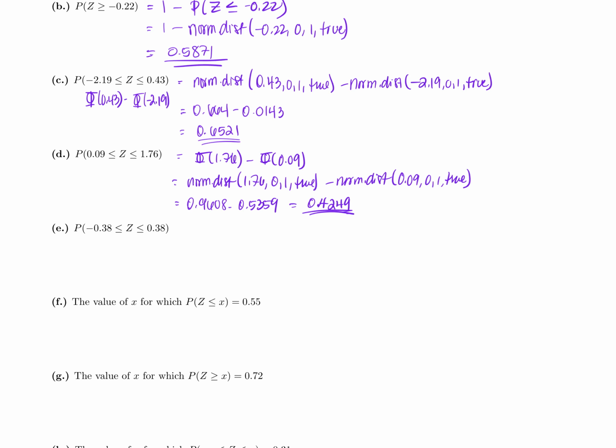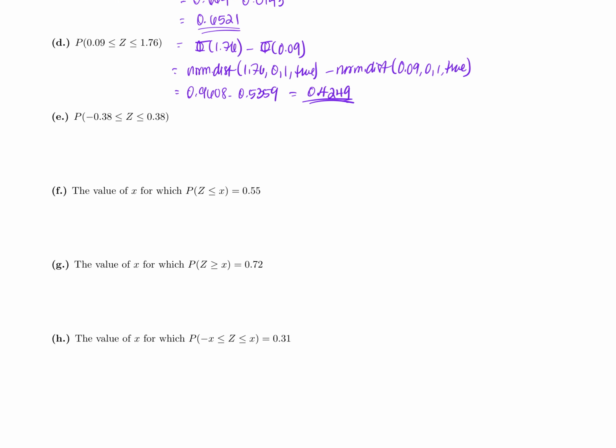What we're going to find on part E is something really interesting. Remember that we said that our distribution is symmetric? Well, here we're going from a negative value to a positive value for our z. So this is phi of positive 0.38 minus phi of negative 0.38, or norm.dist of 0.38, 0, 1, true minus norm.dist of negative 0.38, 0, 1, true.